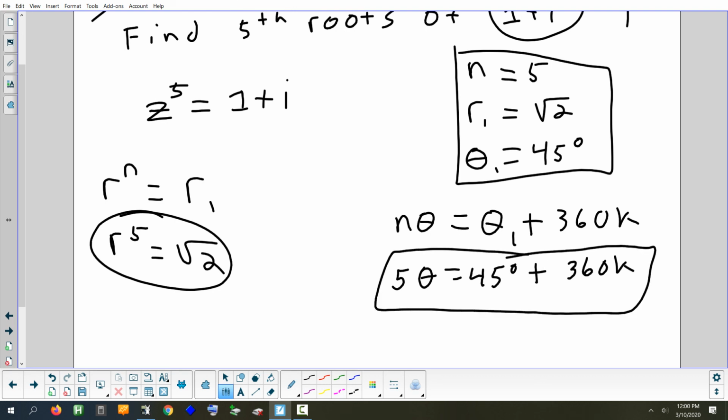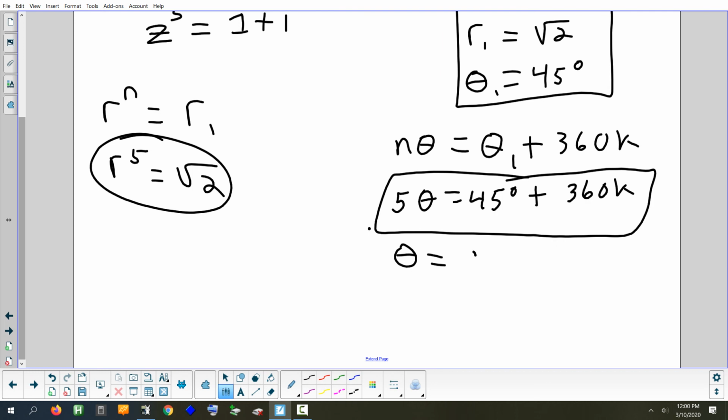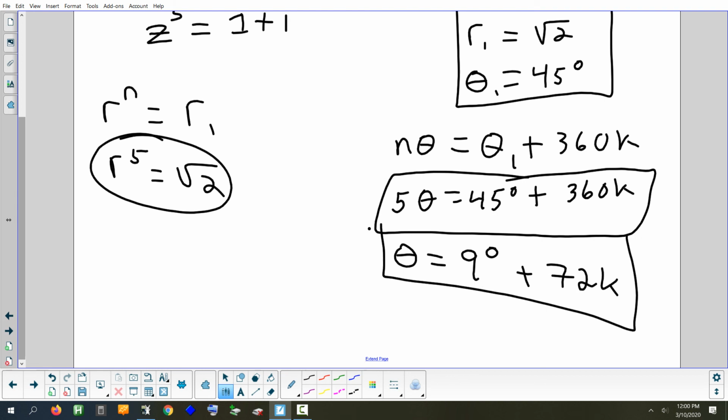And if we continued that, what would be your first step in that box on the right? You divide everything by 5. 45 divided by 5 is 9. 360 divided by 5 is 72. So now you'd be ready to write your answers. You'd let k equal 0, 1, 2, 3, 4. And that would give you 5 answers.